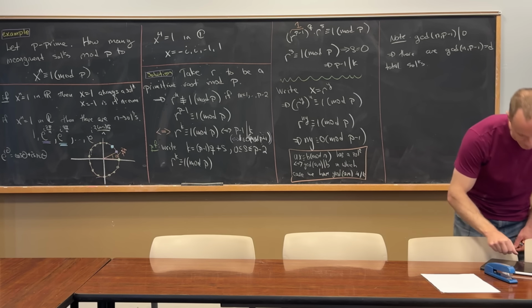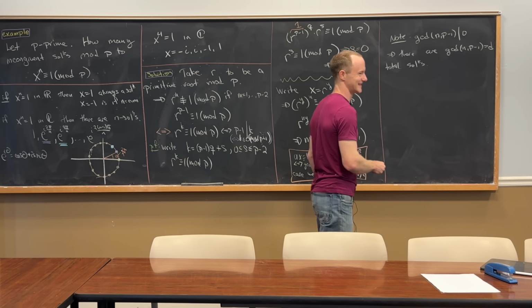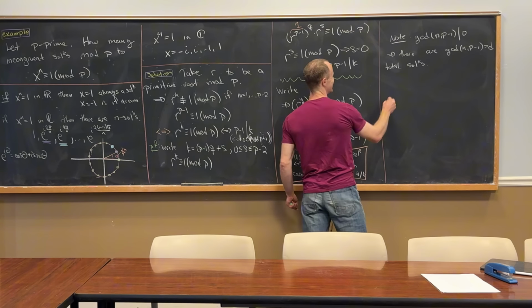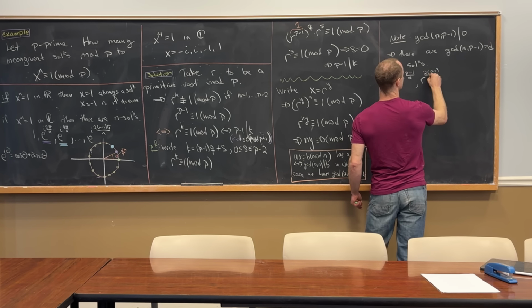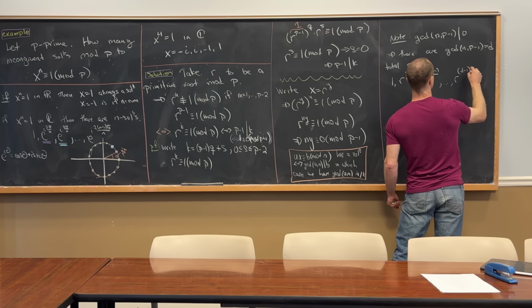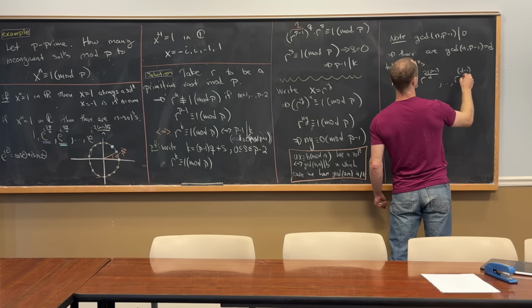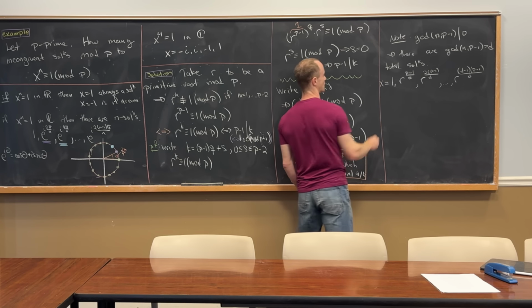So we can actually write them down pretty easily. There's r to the p minus 1 over D, there's r to the 2 times p minus 1 over D, all the way up to r to the D minus 1 times p minus 1 over D. So x is one of those.